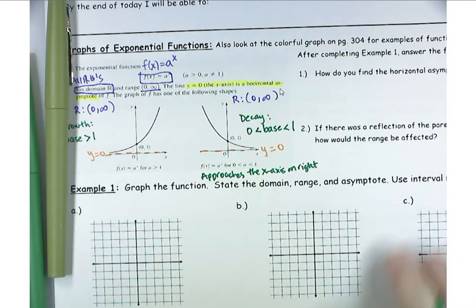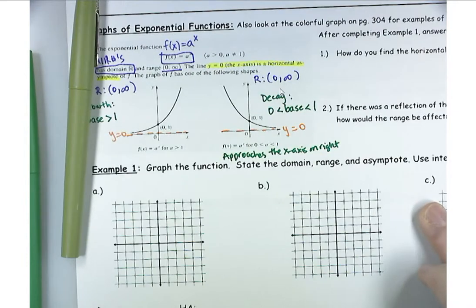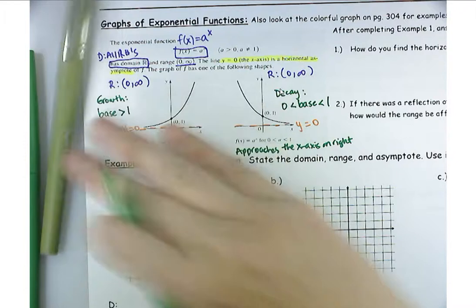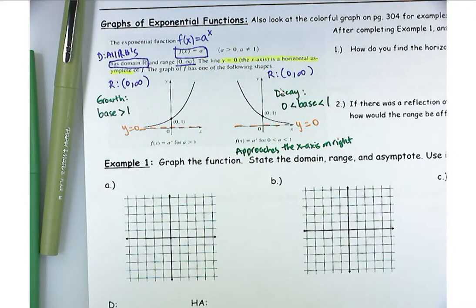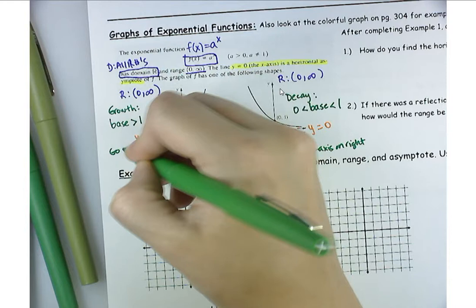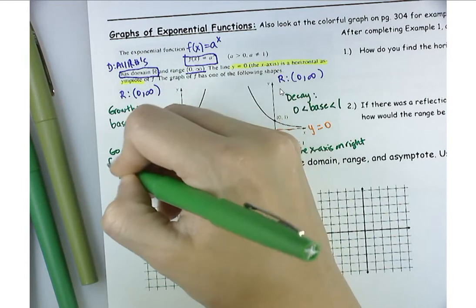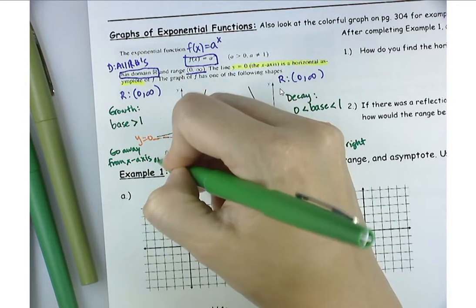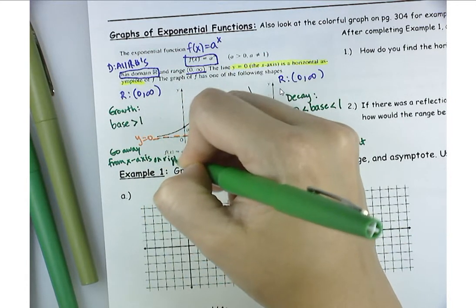What else do we know that graphs approach? Yeah, the asymptote. If it's decay, then the base value is going to be between 0 and 1. And we can just put, this is going to go away from the x-axis on the right.